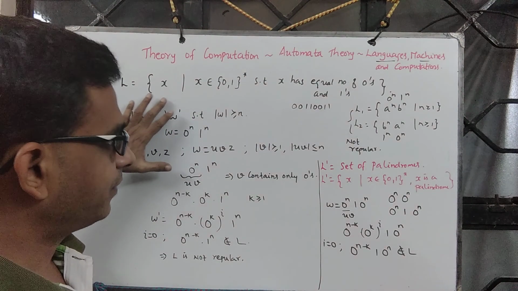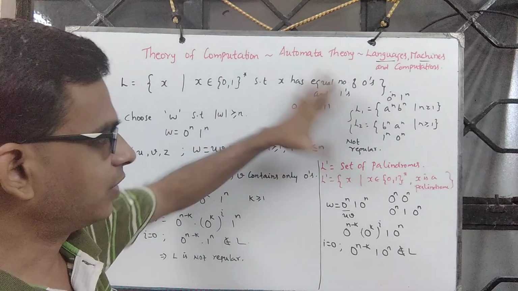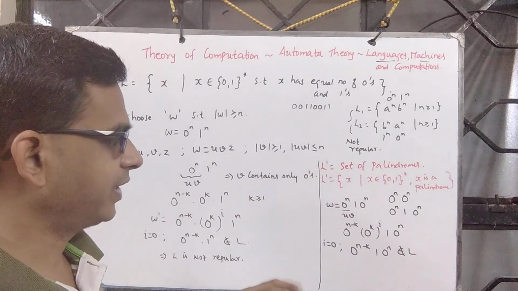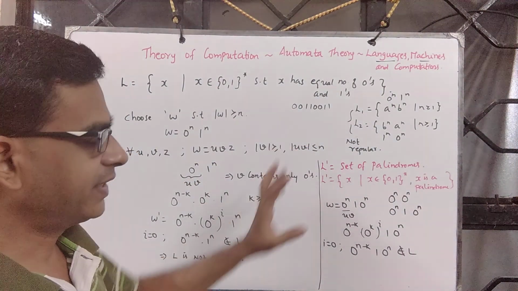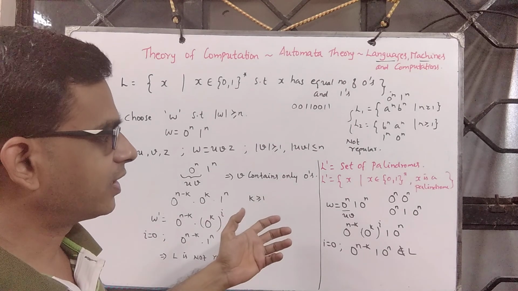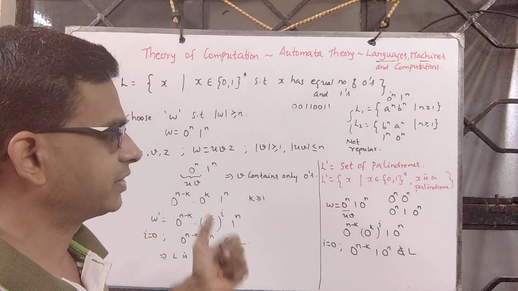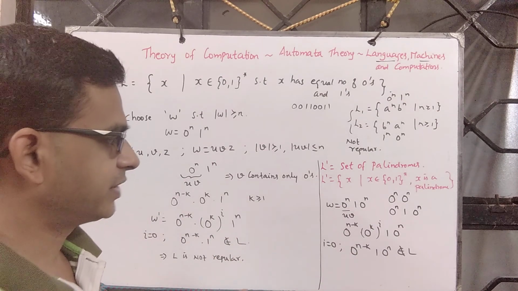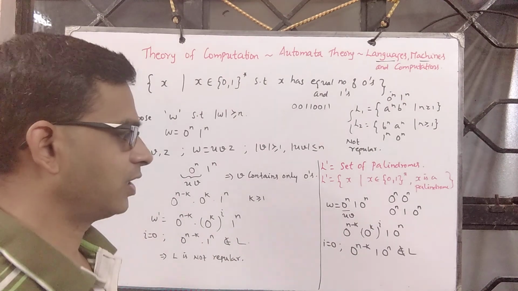So the message is the following. This itself, meaning 0 power n, 1 power n, or b power n, a power n, or a power n, b power n, its superset, if you look at it, there are many interesting supersets which are non-regular.